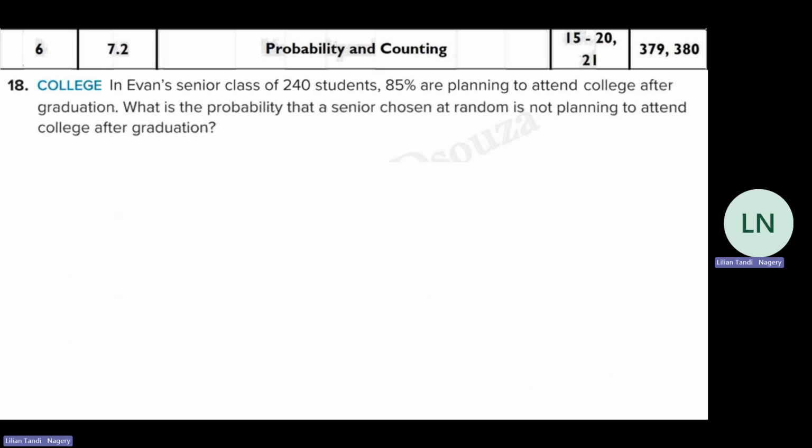In Evans' senior class of 240 students, 85% are planning to attend college. So we have seniors. Some want to go to college. Some don't want to go to college.